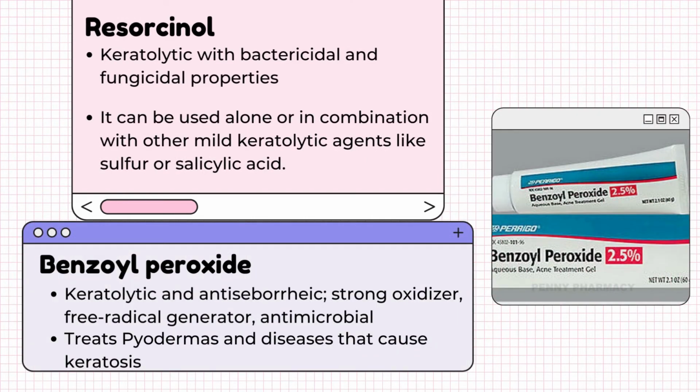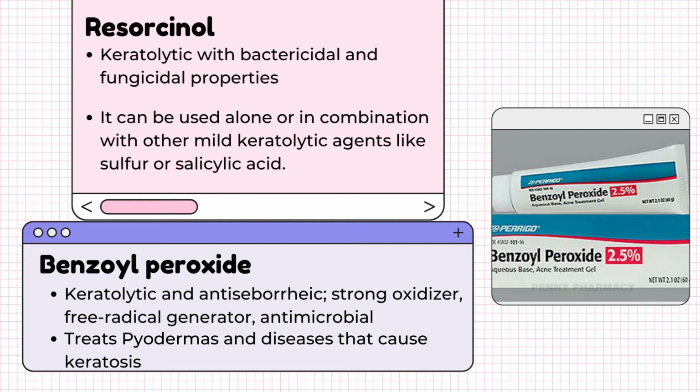Resorcinol is a keratolytic agent that also has bactericidal and fungicidal properties. It can be used alone or in combination with other mild keratolytic agents like sulfur and salicylic acid.